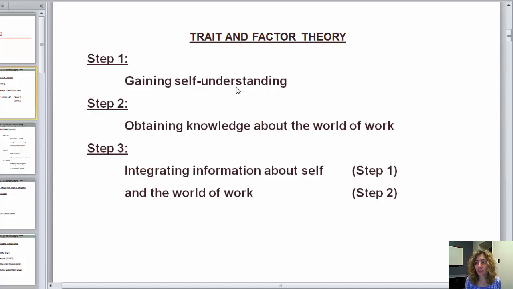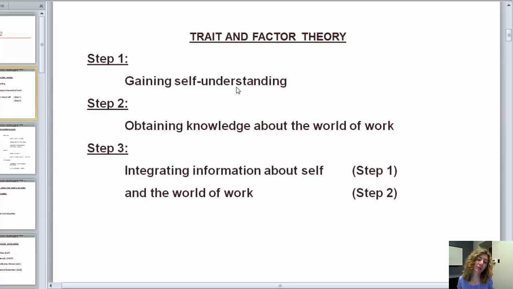It is deceptively simple. And one of the things to keep in mind as you read this chapter and the following chapter, these are kind of static theories. They're not developmental. So we're not really taking a person's age into consideration. However, you can utilize these theories across the lifespan with different age groups by modifying the psychoeducational piece, by modifying the amounts and types of information that you are sharing with your students and clients.